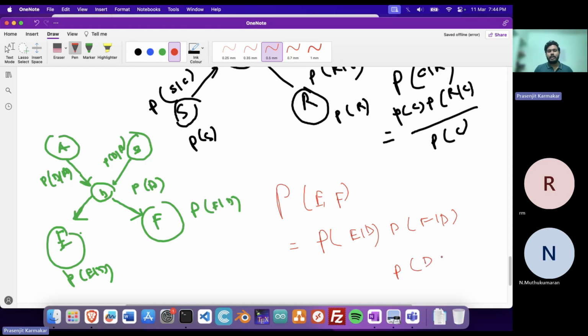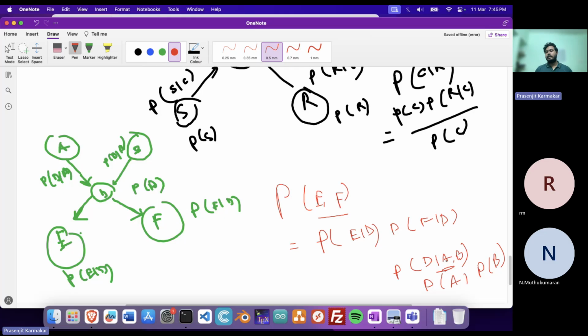And then probability of D is also, so probability of D can be computed as, it is also dependent on A and B. So probability of A, probability of B, like this. So if you want to compute probability of E and F jointly occurring together, we have to go across all this. So we have to compute this one.